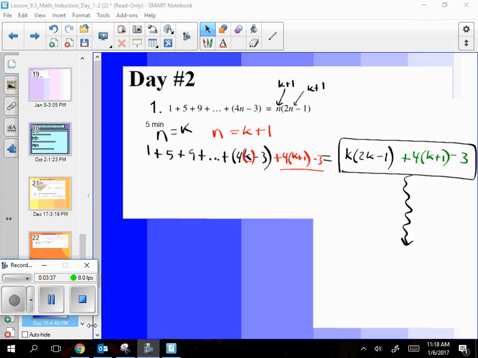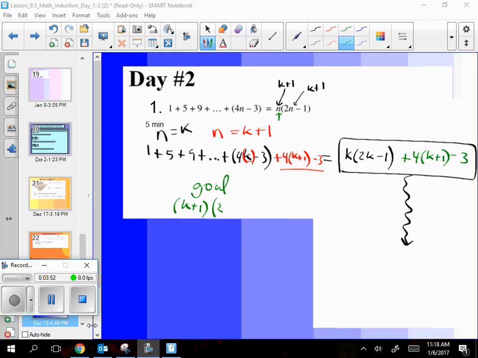I'm going to do it in bright green. I'm going to write goal, and you should too. K plus 1 in parentheses. How many times have I told you that a variable is an empty parentheses? You got to have the parentheses there or it's going to mess things up. 2, and again a parentheses where the n is, minus 1, and the parentheses gets a K plus 1. There, I have just recreated this, except with K plus 1s where the n's used to be. And that's because it says right here, let n equal K plus 1.